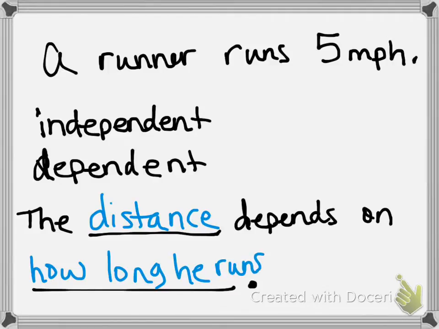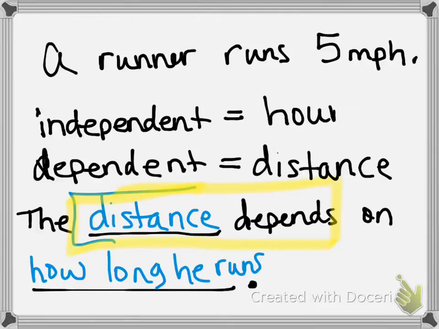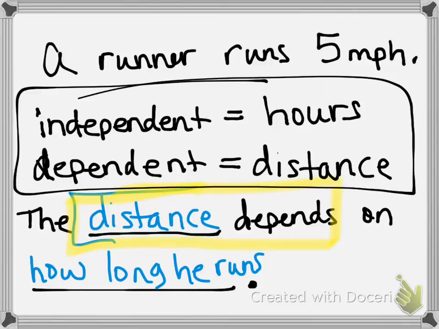Okay, well, if you depend on something, that makes you dependent. So the distance is your dependent, and your how long he runs, or your time, or in this case your hours, is your independent variable. And now you know what axis to put them on.